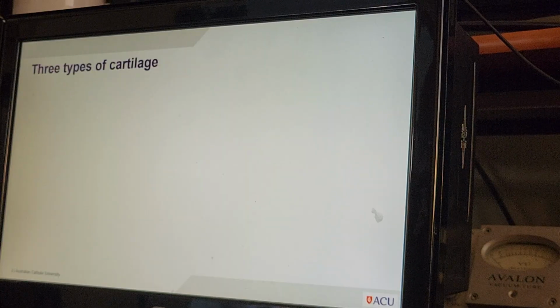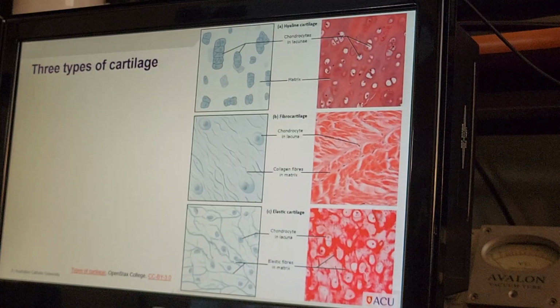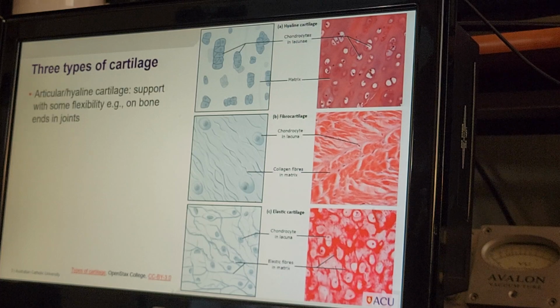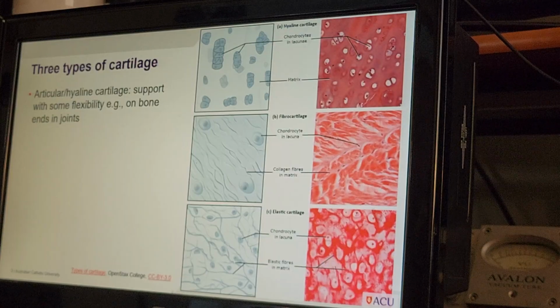So let's have a look at the three different types of cartilage. At the top, we can see an example of hyaline cartilage. We can often call this articular cartilage when we're referring to the presence of this type of cartilage protecting the ends of bones in joints.